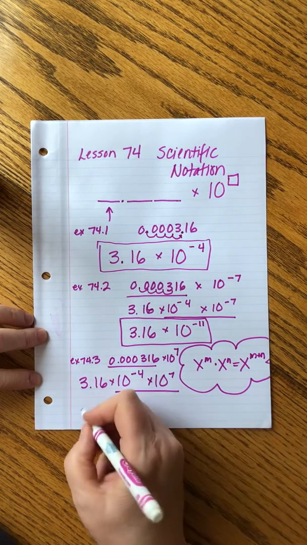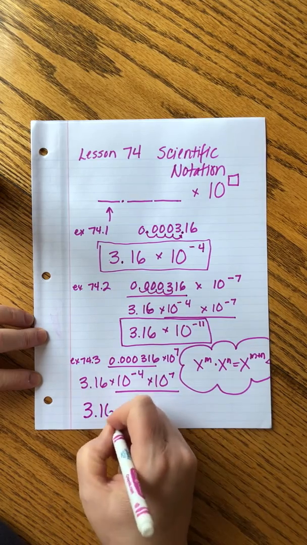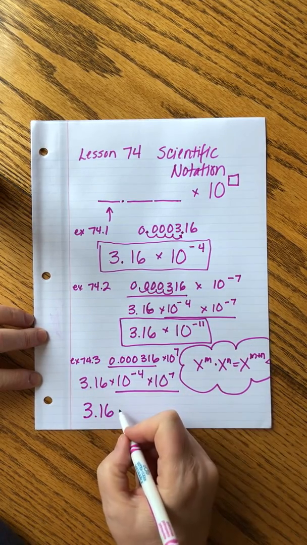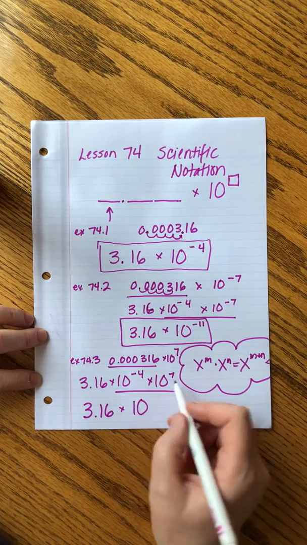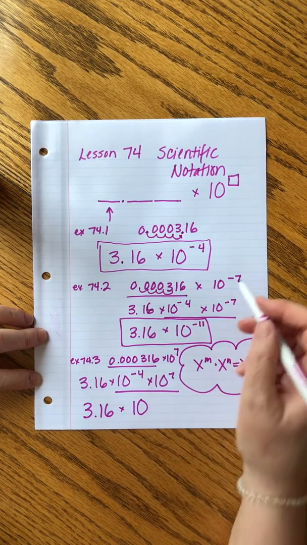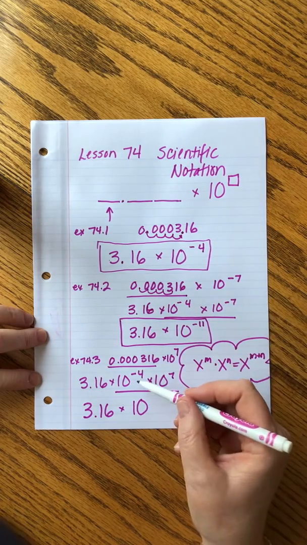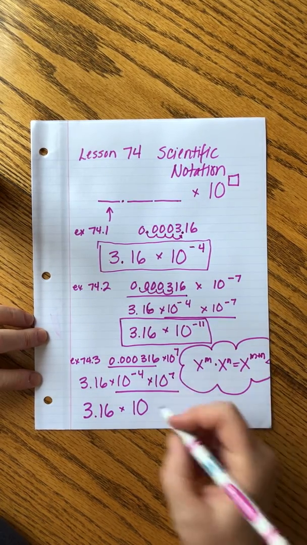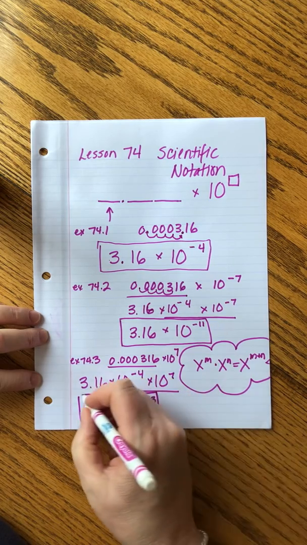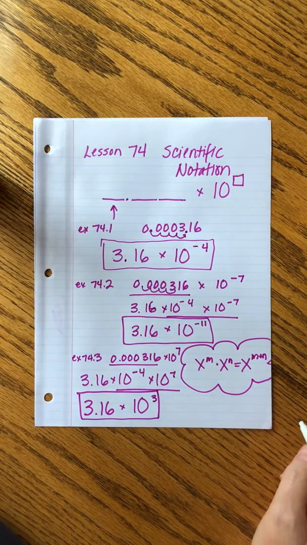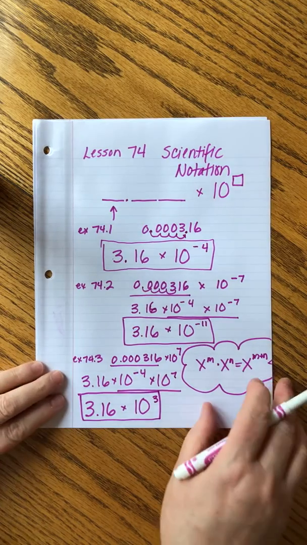But now our second step, we use the same rule for exponents. We just have a different result because this is a positive 7, whereas last time it was a negative 7. So we add negative 4 plus 7 is 3. And there is the answer to the third problem.